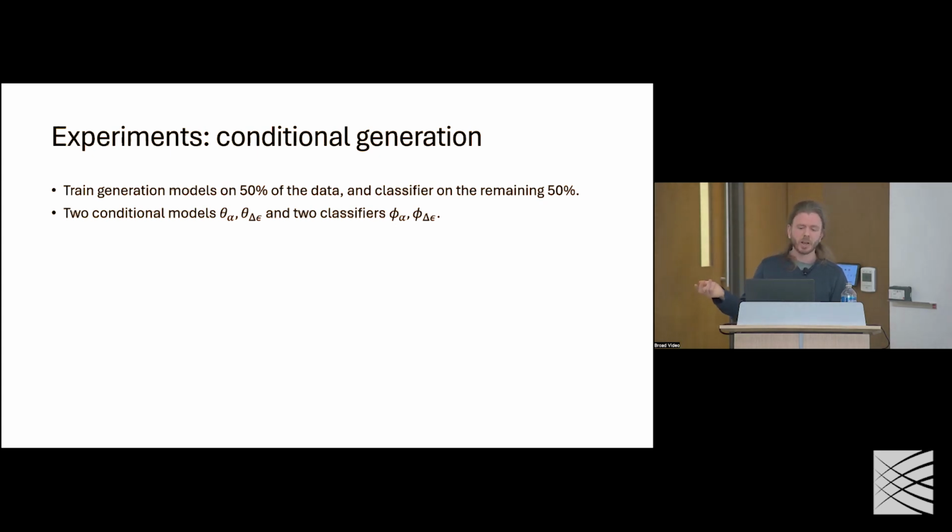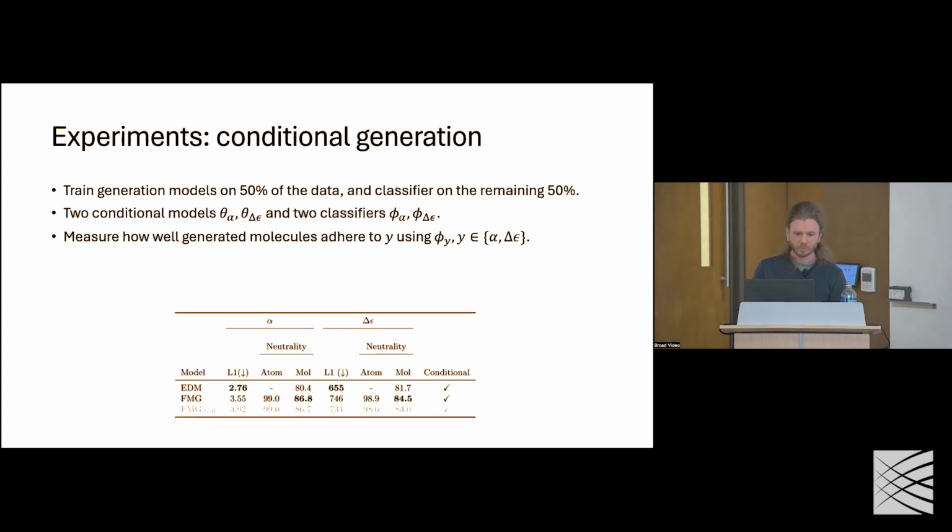And then we correspondingly have two classifiers determining what polarizability and HOMO-LUMO gap a molecule has. And then we measure how well the molecules adhere to the property Y that we use to condition using the phi Y. And Y is either alpha or delta epsilon.